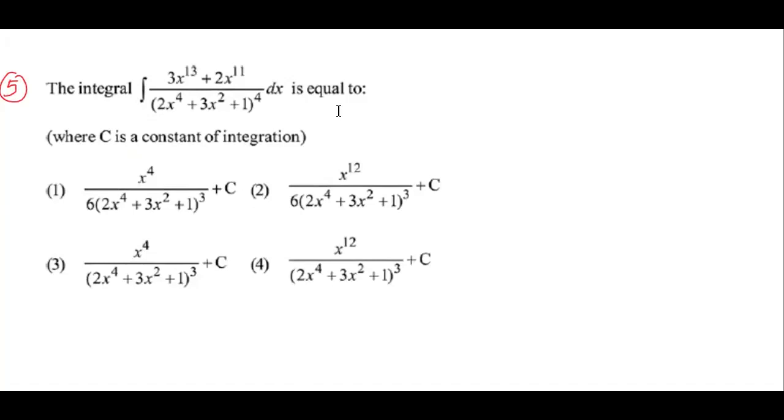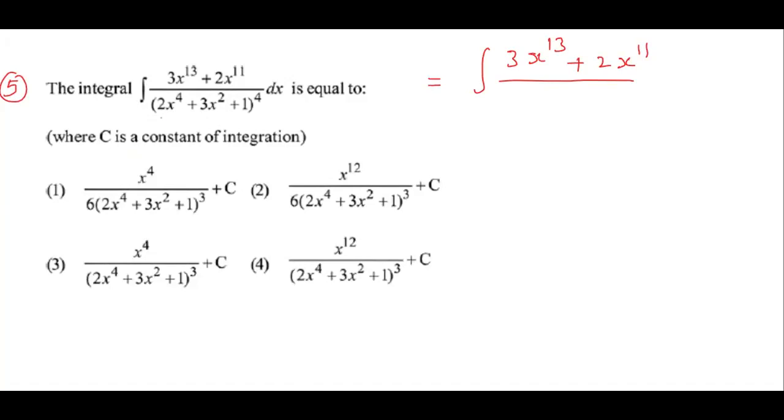Next, I am going to the fifth question. Observe the fifth question. This model we already did in the last video. So here what we have to do: we can take x power 4 common from the denominator. Then the integration of 3 into x power 13 plus 2 into x power 11, divided by the denominator.